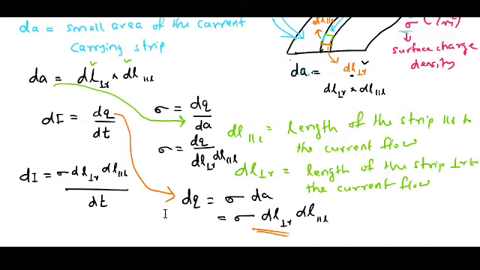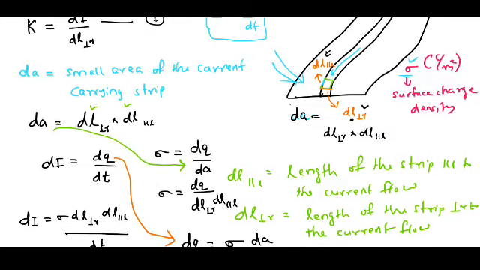Now if you check this figure, it's very clear that the charge is flowing in this direction, and the length element parallel to the charge flow is dl parallel.